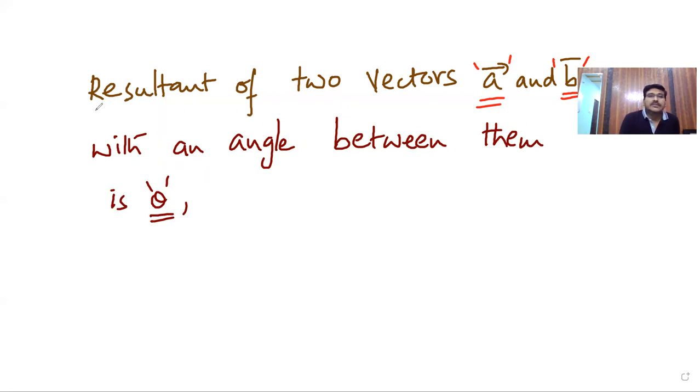We are interested to find the resultant of two vectors A bar and B bar, and the angle between them is theta.